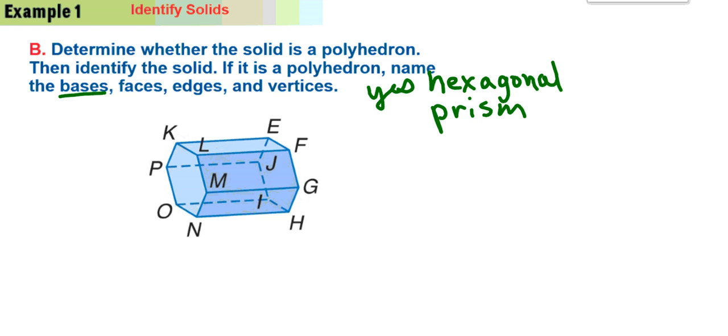So I have to repeat all those, so I'm just going to write it. All of the faces then are still those hexagons, K, L, M, N, O, P, and E, F, G, H, I, J. And then the rest of the faces are rectangles.